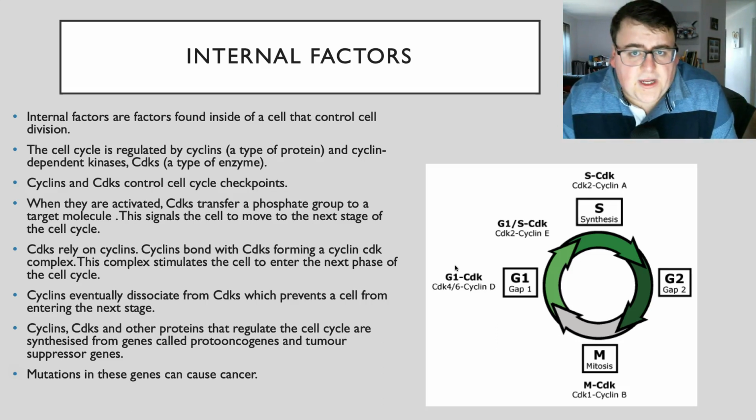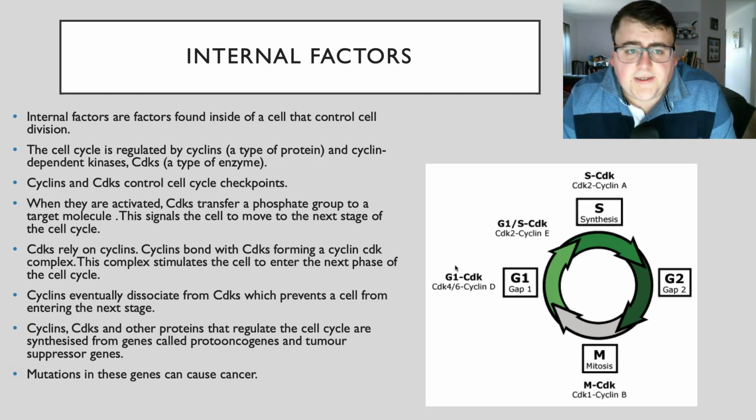The main purpose of cyclins and CDKs is they actually control those cell cycle checkpoints that we looked about a few slides ago. When they're activated, CDKs, their purpose is to transfer a phosphate group to a target molecule. When they attach that phosphate group to the molecule, it signals the cell to move on to the next stage of the cell cycle.